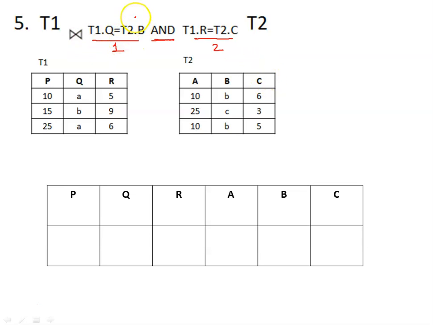Now the first join condition over here is T1 dot Q and T2 dot B, and the second condition is T1 dot R and T2 dot C. So basically Q and B should match and R and C should match.